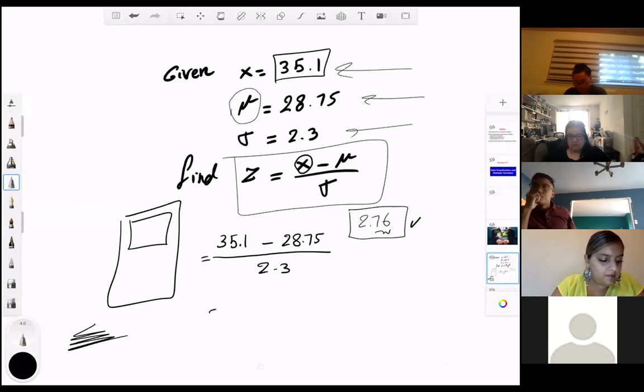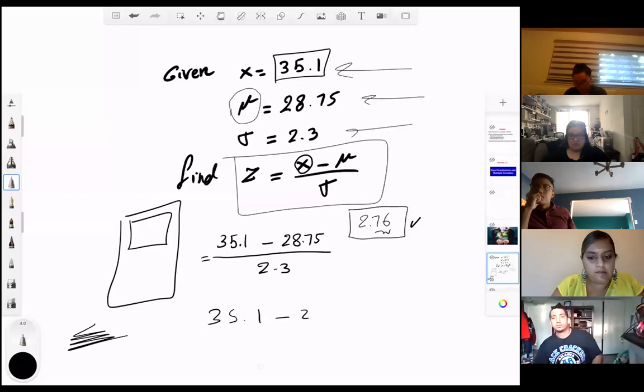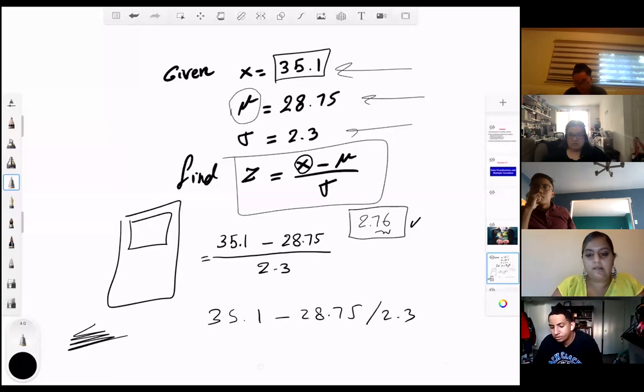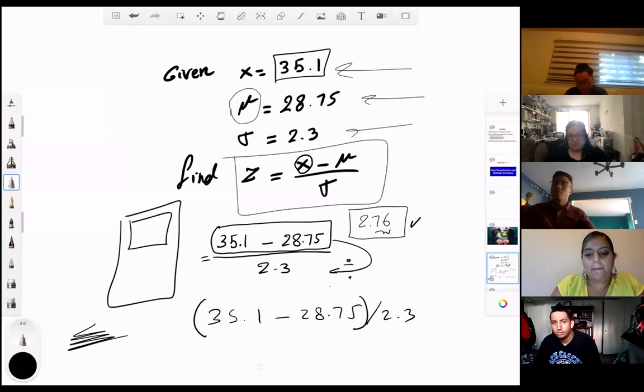If you just type in 35.1 minus 28.75 divided by 2.3, this is wrong. You don't get 2.76. We need to evaluate this first. The answer should be divided by 2.3. So you put in parentheses.